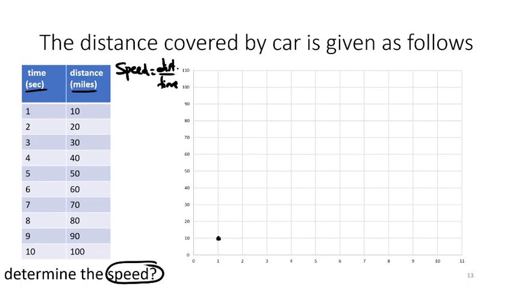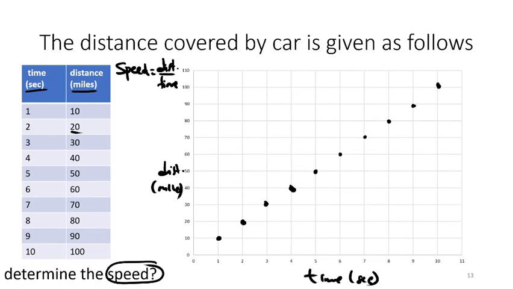At the first second it is 10 miles, so this part is distance in miles, and this part is time in seconds. At second 2 it is 20 miles, and then 30 miles, and then 40 miles, this way. So we have the distance covered by the object.